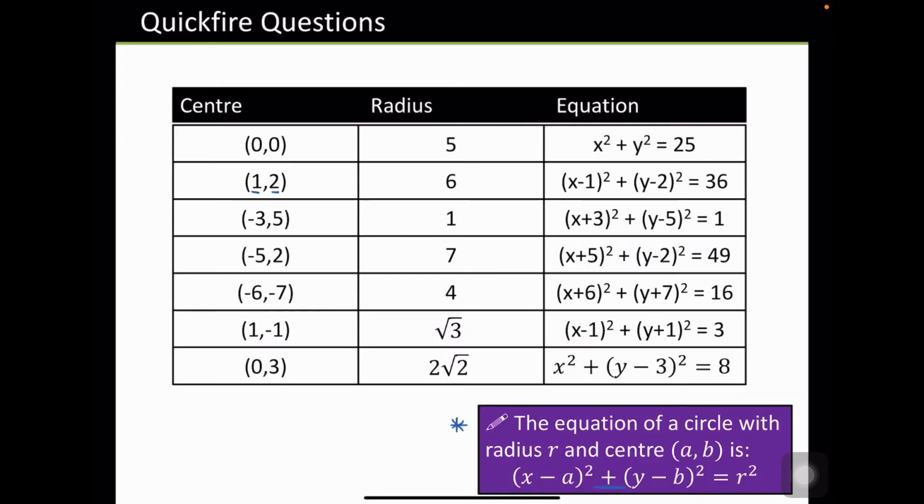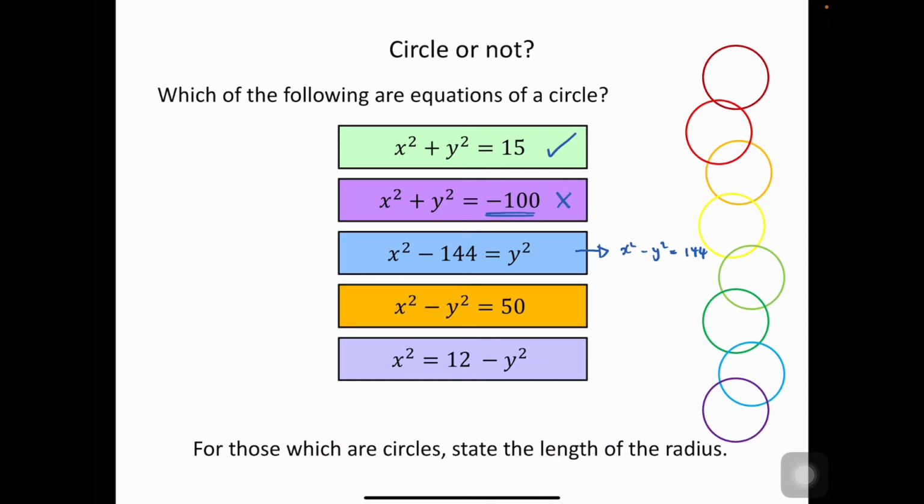We have to have a positive sign in between the x squared and y squared terms. So using the same principle, this equation is not the equation of a circle. And moving on to the last one, if we add y squared to both sides, we get x squared plus y squared equals 12. And this is the equation of a circle with radius root 12.